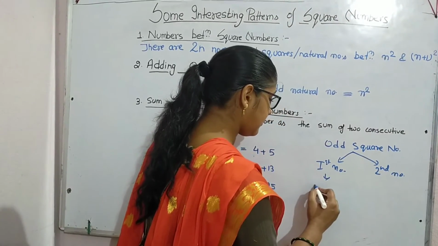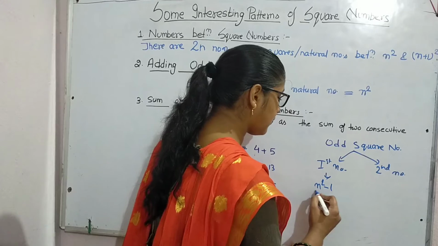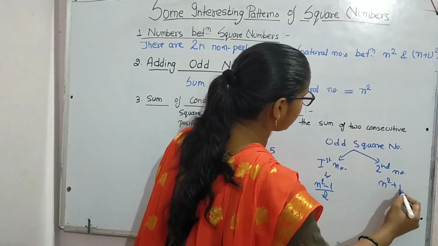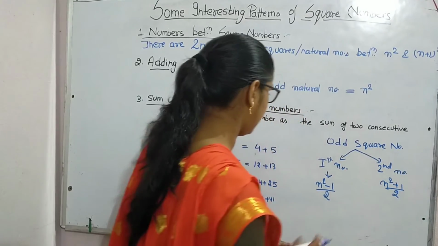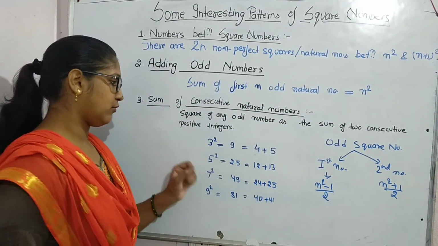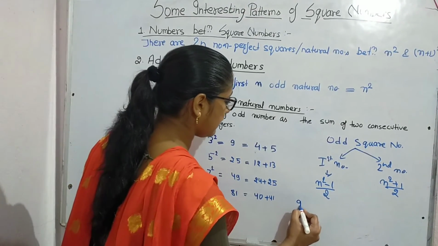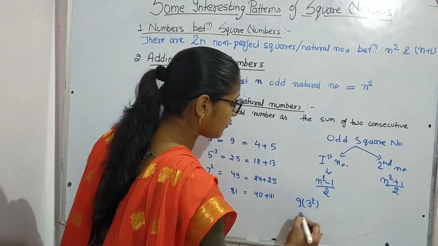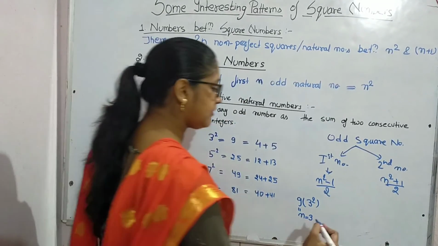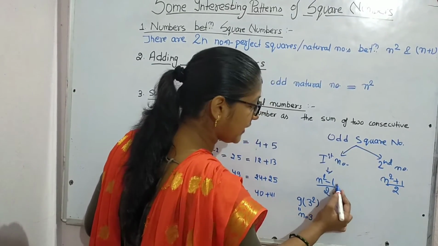First number is (n square minus 1) by 2 and second number is (n square plus 1) by 2. In this formula, first we put these values. For 9, 9 is the square of 3. So for 9, n is equal to 3. So our first number is (n square minus 1) by 2.